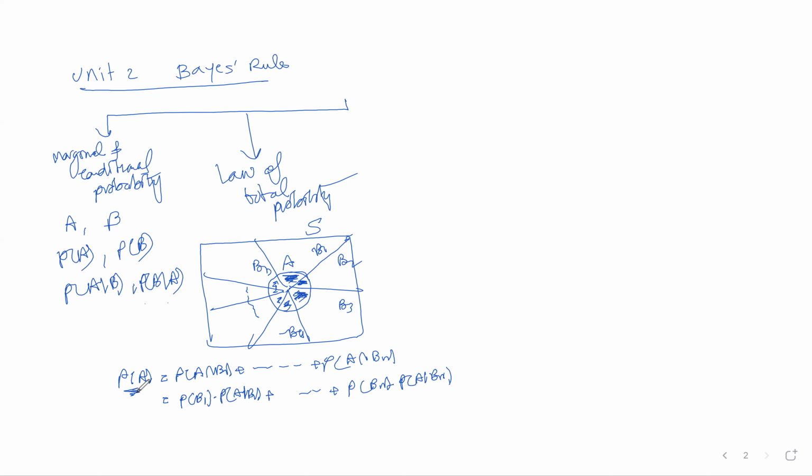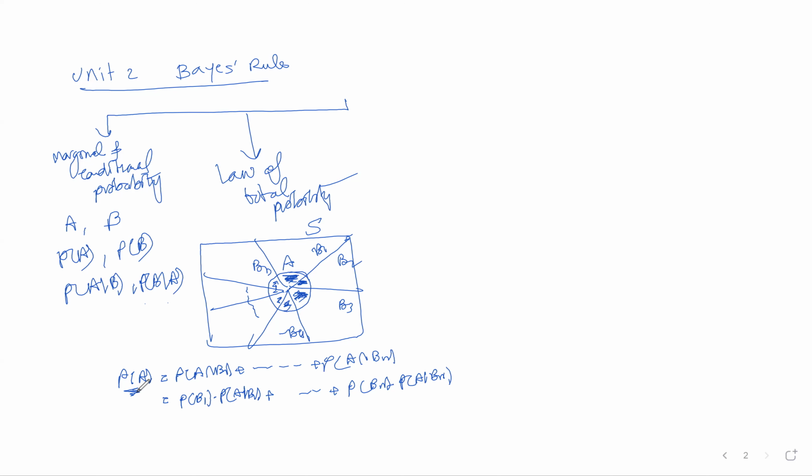If what is available is the joint probabilities, like the probability of A intersect B1, probability of A intersect B2, up to probability of A intersect Bn, you sum these to give the probability of A. Or maybe you have the marginal probabilities of B1, B2, B3, up to Bn, and you have the conditional probabilities A given B1, A given B2, up to A given Bn. Based on what is available, you calculate the probability of A. This one is called the law of total probability.